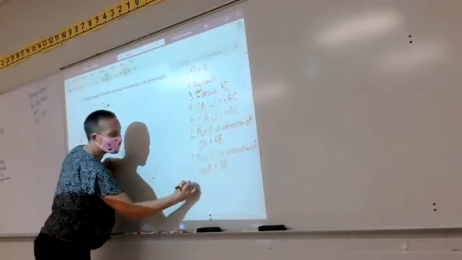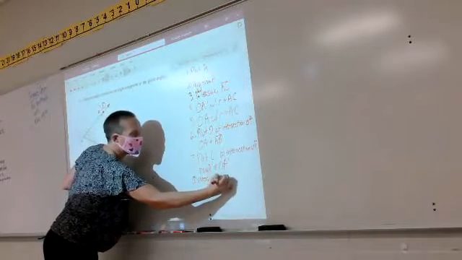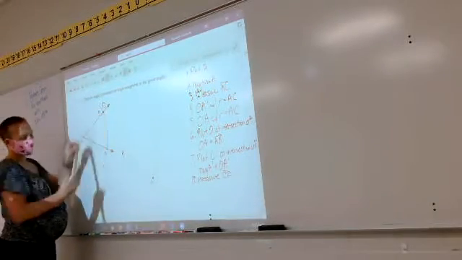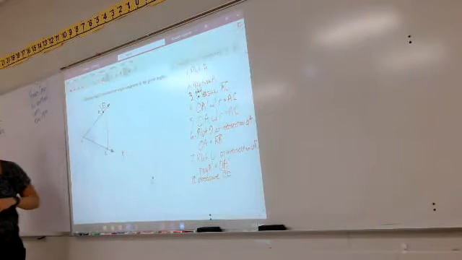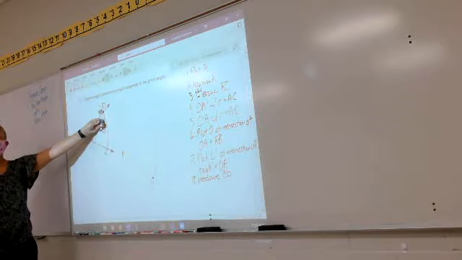This measure step is really not one you have to write, but I'm measuring segment CD, which means with your compass, you put the little circle part on one of the points and extend your slider to the other point. You're measuring CD.